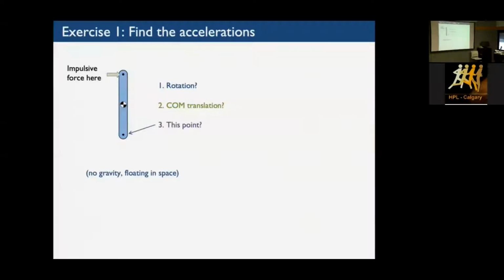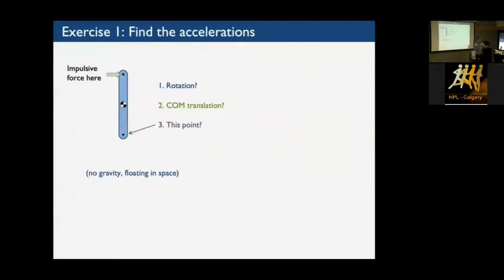So I think that it should not translate. We're discussing whether this will translate forward, or whether this point will move at equal opposite rotation, and what this point will apply.